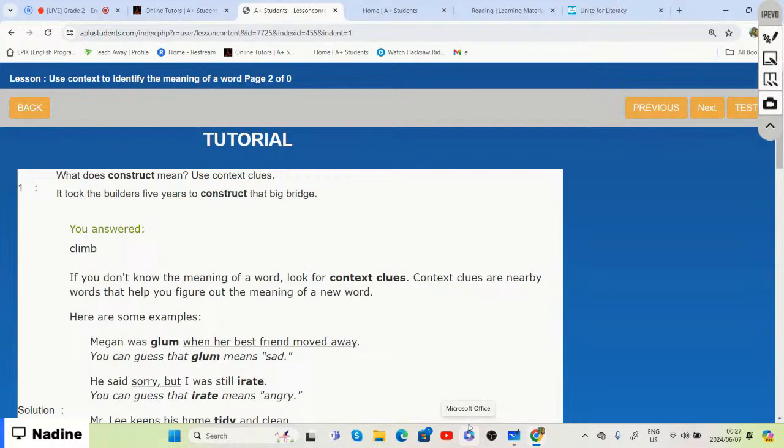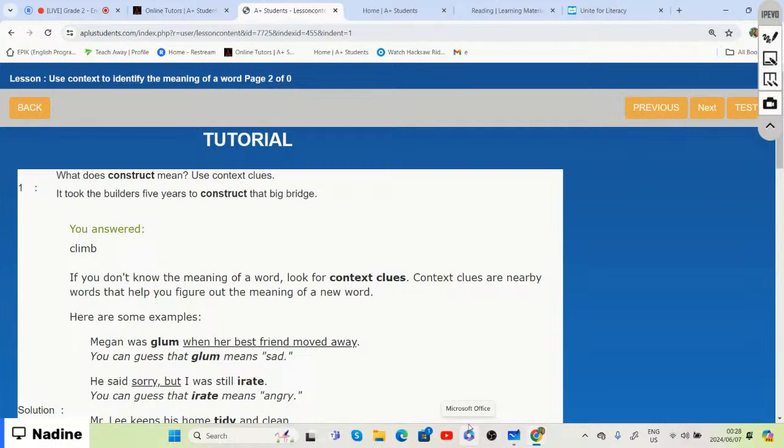What do builders do when they are constructing something? Yes, so construct is to build something.